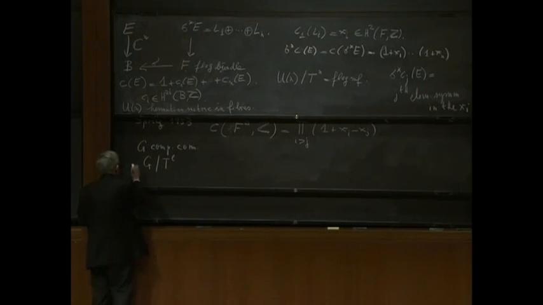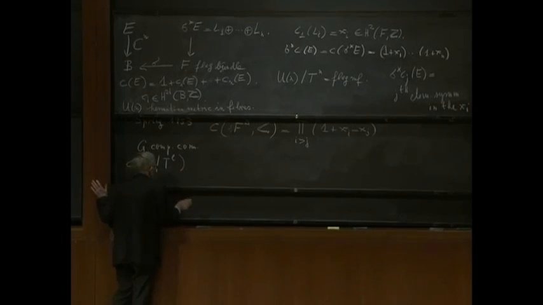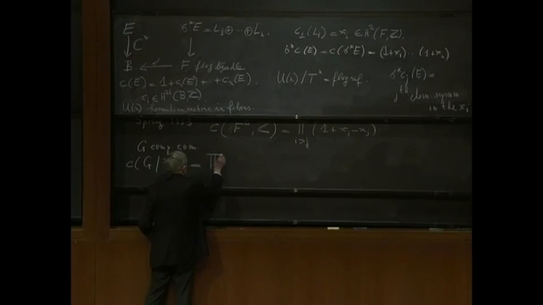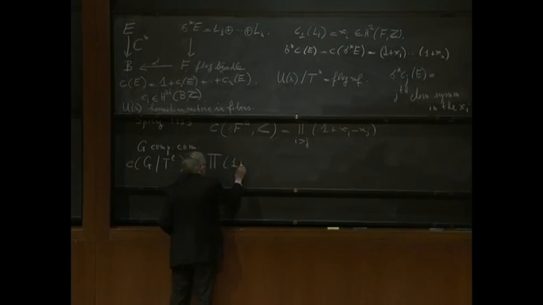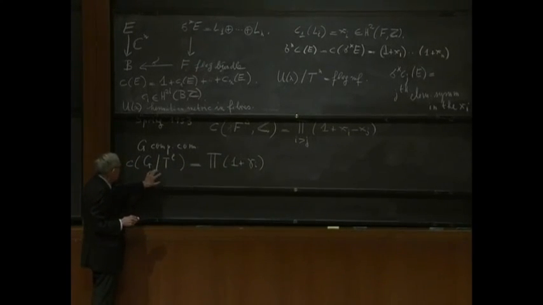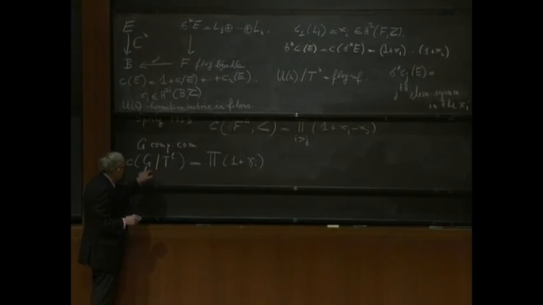And then the result, which is actually almost the definition of the roots, is that the total Chern class of G over T^L is actually the product of the roots. The roots become the first Chern classes of certain line bundles over G over T^L.